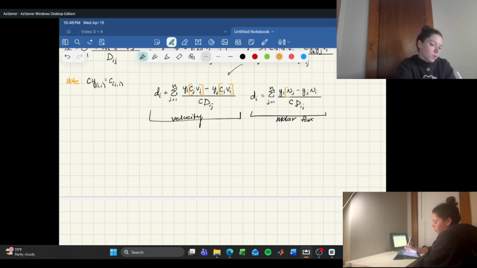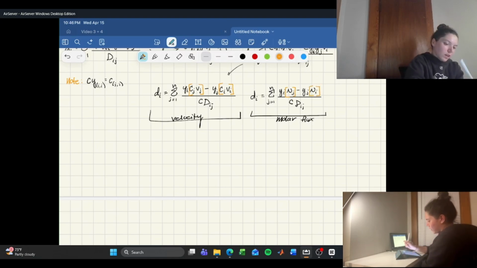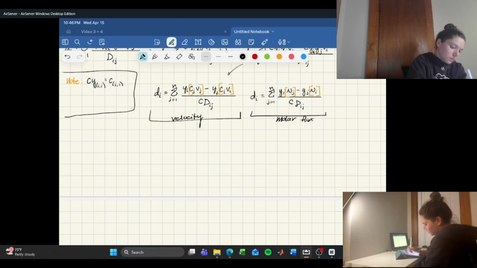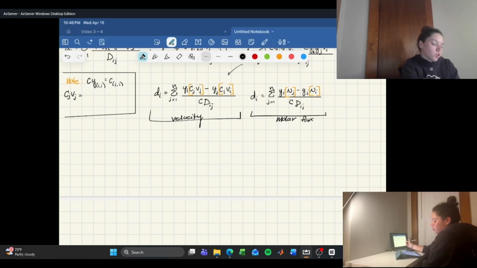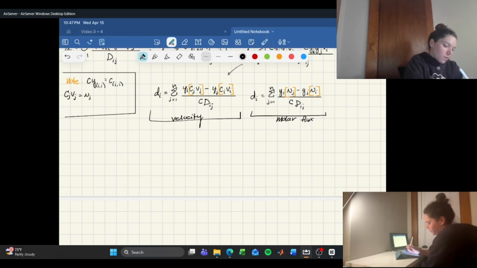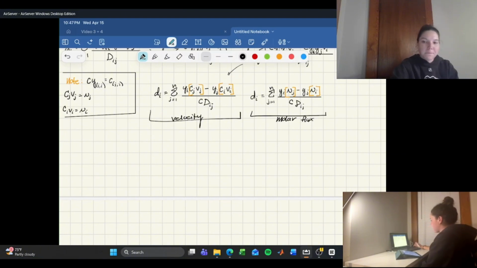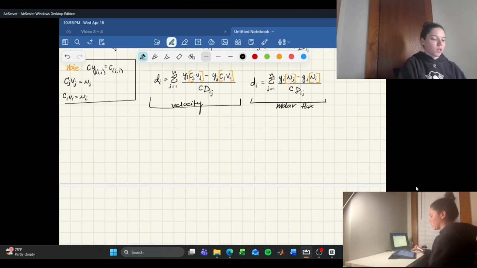If we look here, it's going to be equal to the molar flux of each component. So I'll write that down over here as well in this section. That the concentration of J times the velocity of J is going to be equal to the molar flux of J, and then the same thing for I, or species I. Like that. So now that we have this relation, let's look at it in terms of diffusion flux.